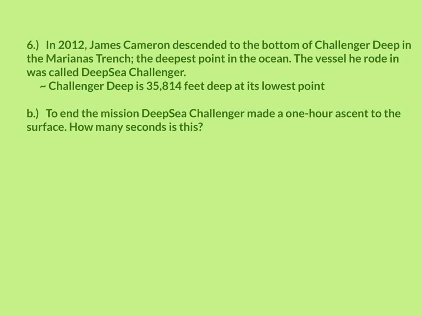Okay, next. To end the mission, DeepSea Challenger made a 1-hour ascent. Ascent, that of course means to go up to the surface. How many seconds is that? Okay, how many seconds in 1 hour? So I know that there's 60 minutes in an hour.